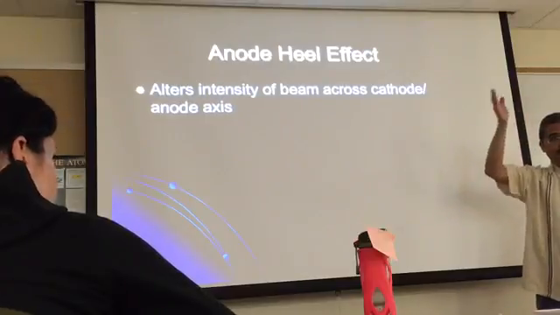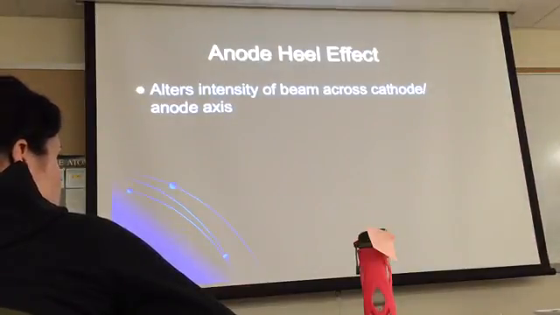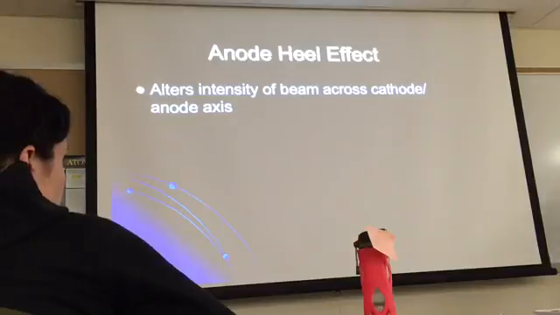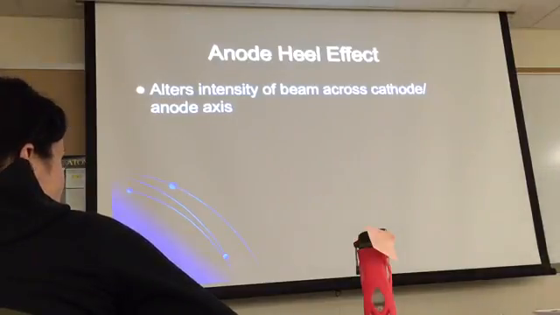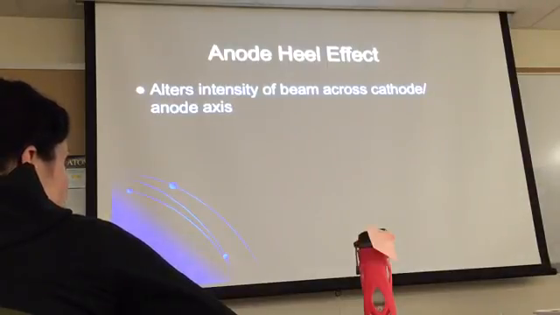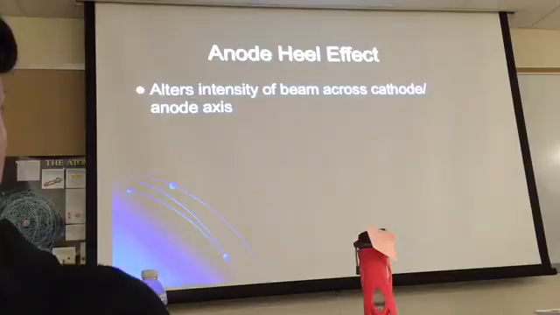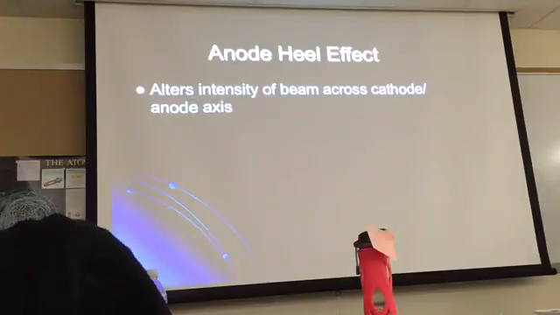Because of that geometry, that weird geometry we have on the anode, remember, like this, and so this is our target. Because of this, you have more photons going this way than coming this way, because they get absorbed on this side, right? So this is the heel effect.